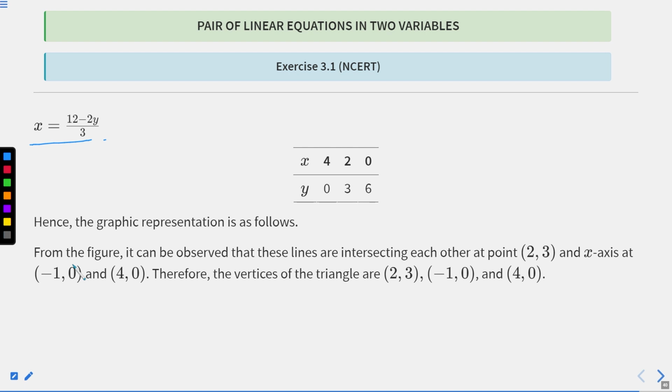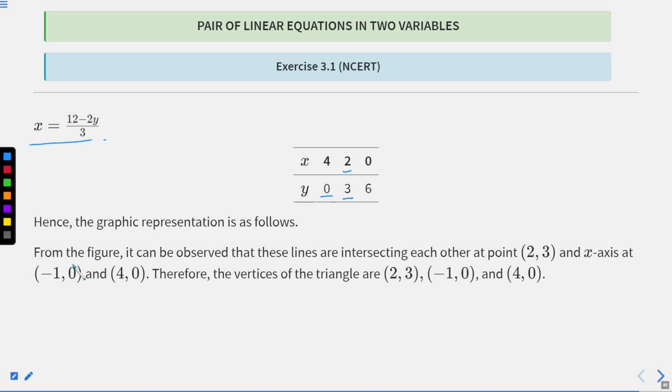Okay, and if we now take some values of y, then we will get the corresponding values of x. When y is 0, x is 4. When y is 3, we get x is 2, and when y is 6, we get x is 0.